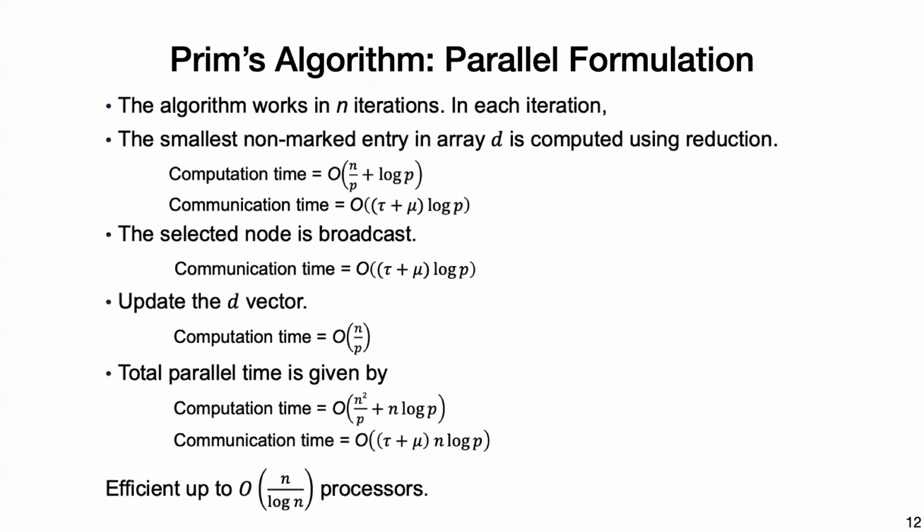So it would still be asymptotically maybe worse, because you have to add them up. And if this thing got worse than n over p, then this would be worse than n squared over p. The communication time doesn't change, because even if you just consider the broadcast time of the selected node, which is unaffected by any changes with the priority queue, that's still t_s plus t_w log p.